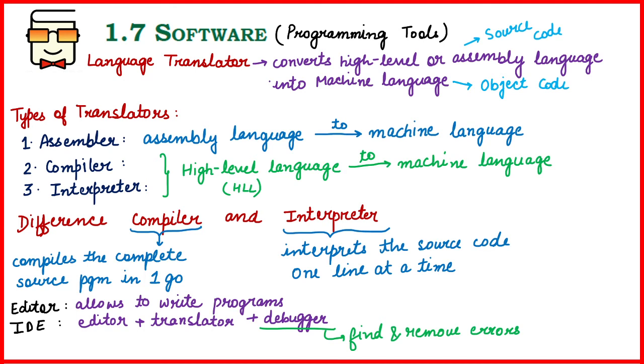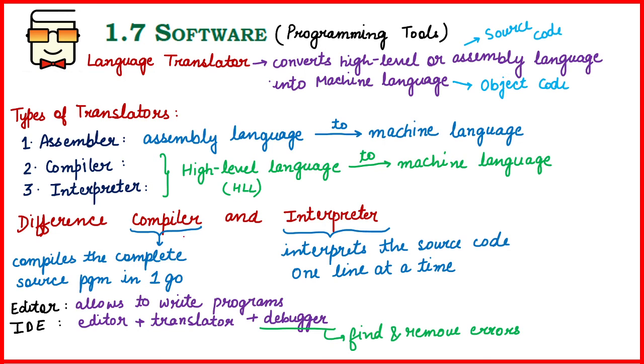High level code is also generally known as the source code, and machine language code is known as the object code. Now there are three types of translators. Assemblers convert assembly language to machine language. Compilers and interpreters convert high level language to machine language. You can pause this video here and take down the notes for your exams if required.